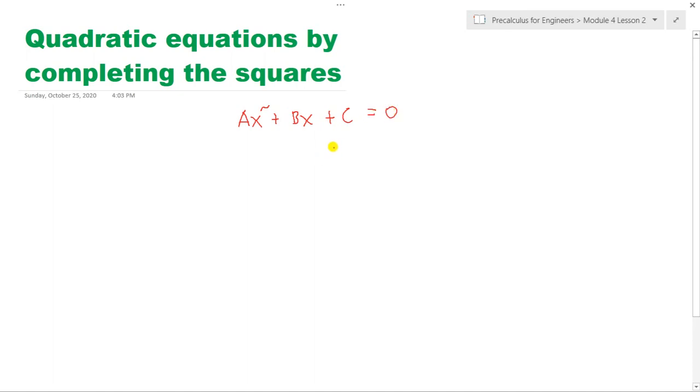So if we cannot factor this easily, or even if we can factor it easily, if it is not a perfect square trinomial, it is okay because you can use method 1.